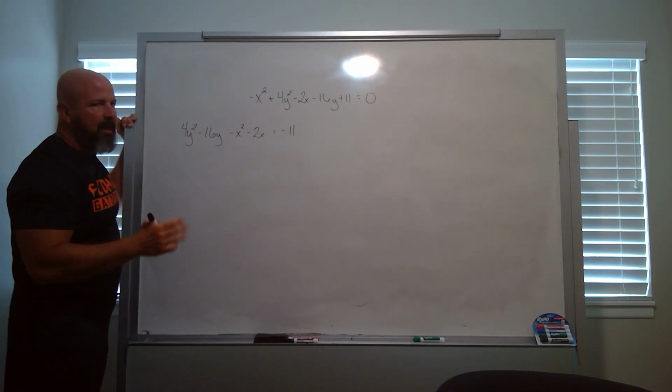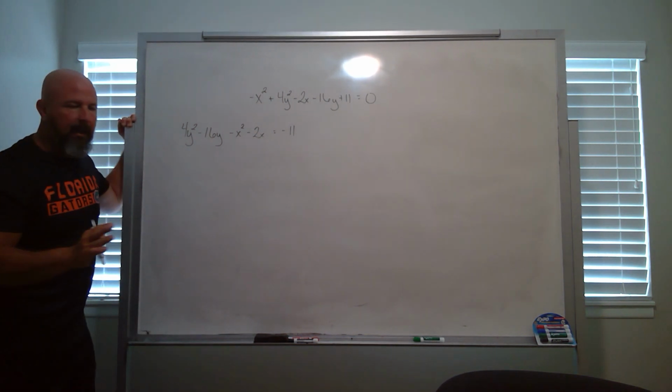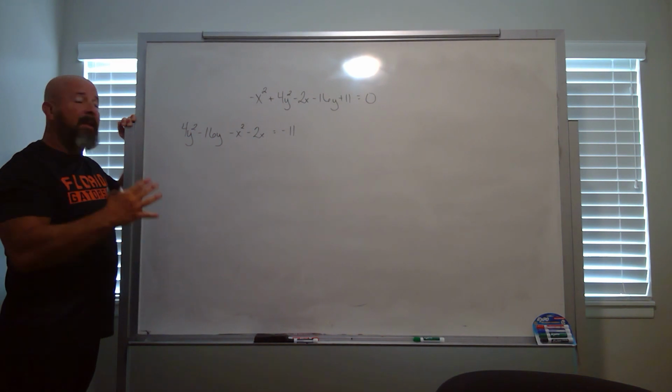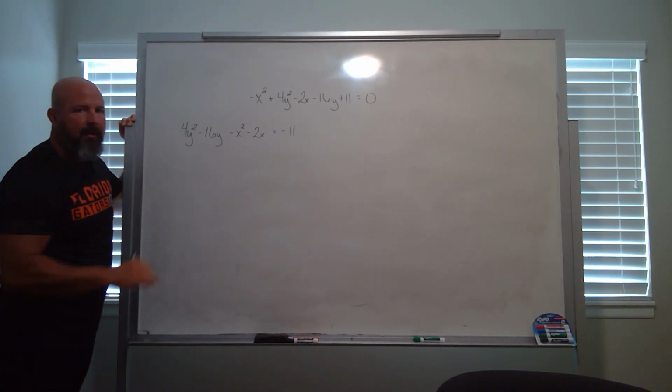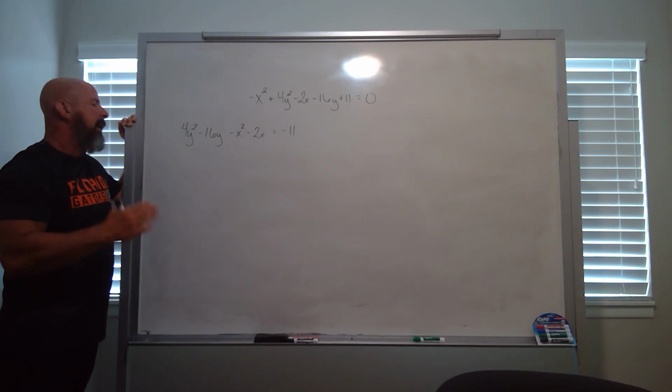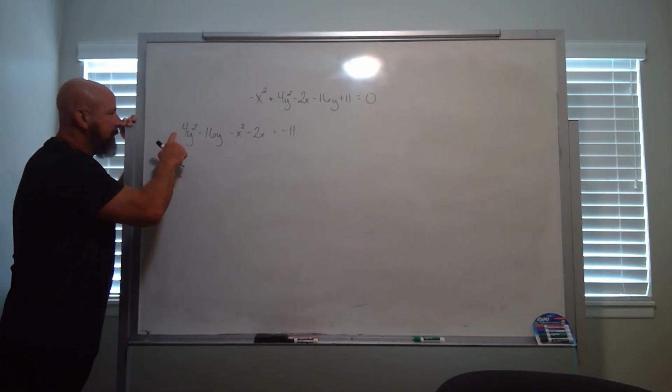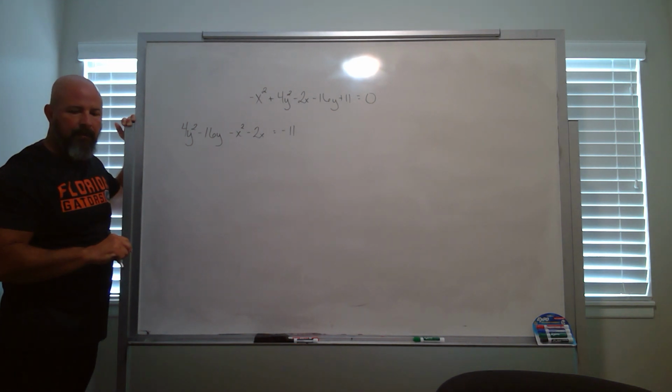To get that standard form, I'm going to have to complete the square with the x's and y's. So I need to get those x's together, y's together. I move the 11 out of my way to the other side. And the reason I put the y's first is that's the positive one I was looking for.